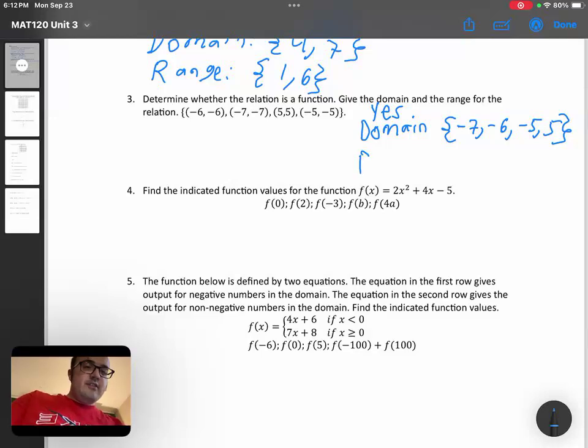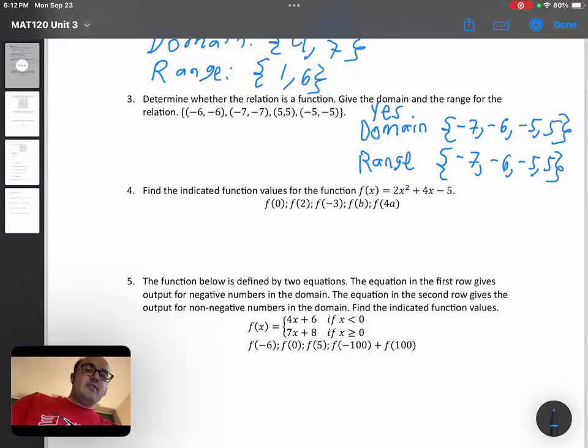While the range is going to be also the same, -7, -6, -5, and 5.